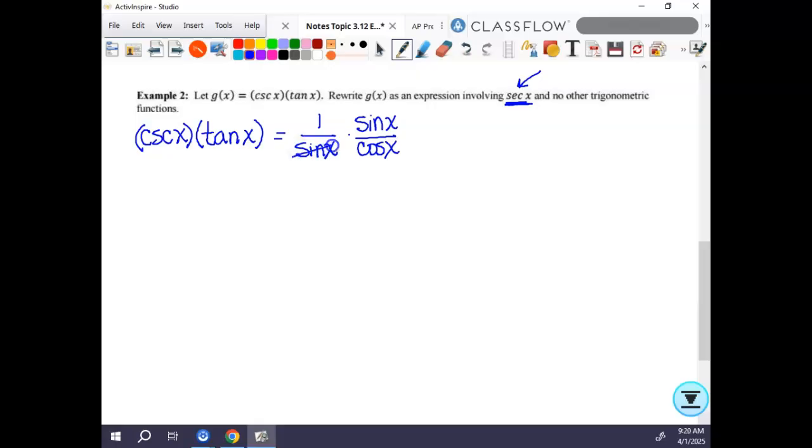Yep, I can cancel these out right here. That gives me 1 over cosine x. And what is 1 over cosine x? Secant x. And we have rewritten it. So this here has the same value as this here, just a different form. And it's simplified. Okay. What questions you got? We good? All right, flip it over.